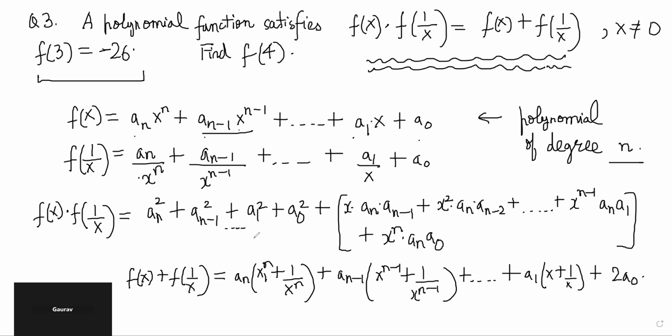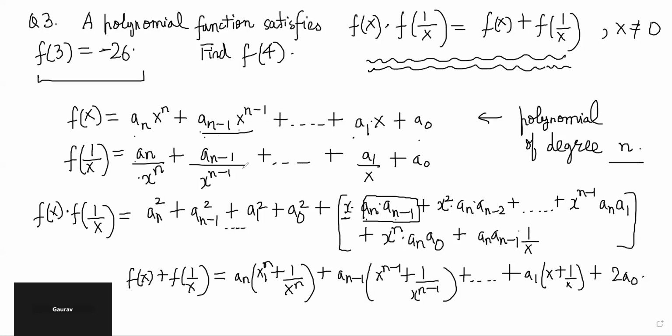So think about it. If I had a term like an into an minus 1 x, I also have a term like an minus 1 into an 1 by x. Do you understand? Yes, sir. I hope you are understanding what I'm saying.